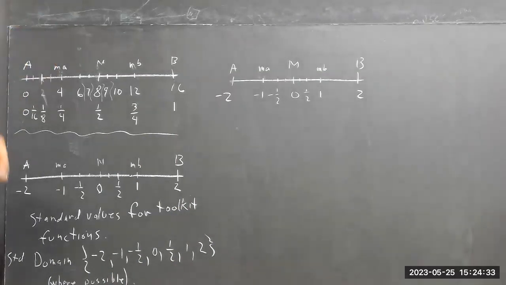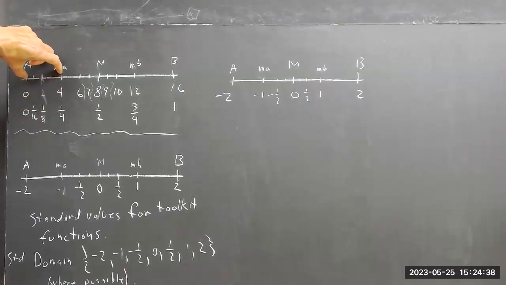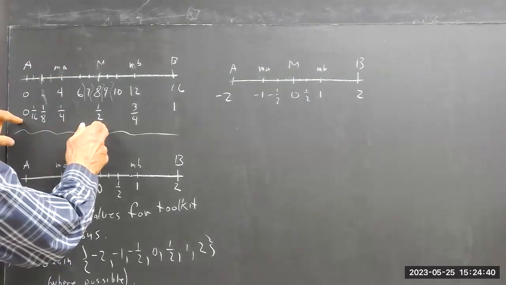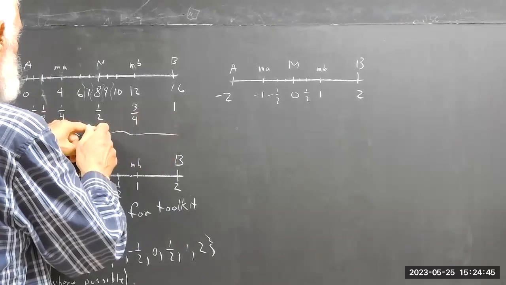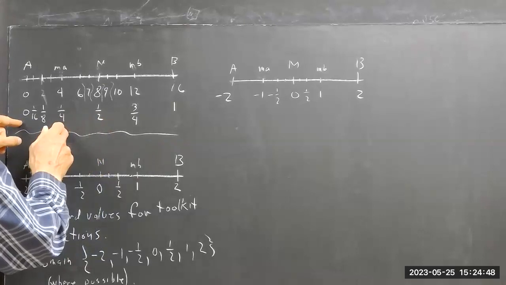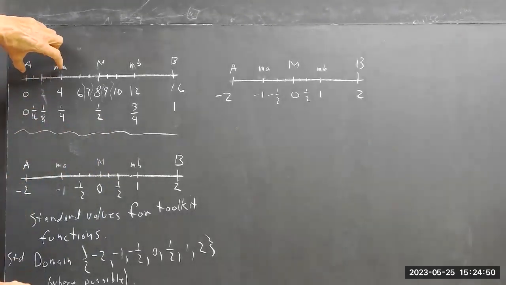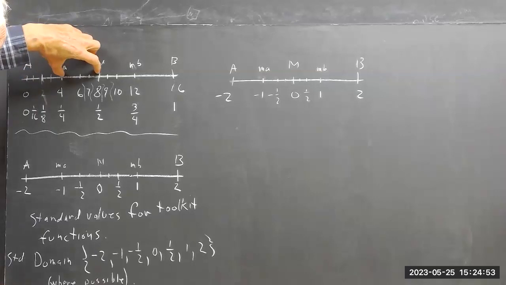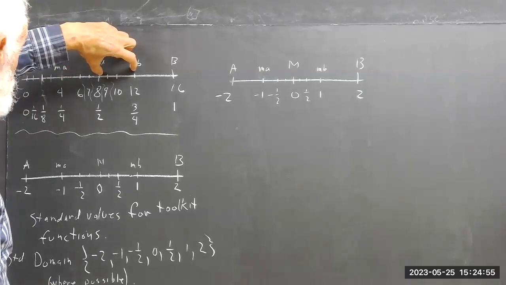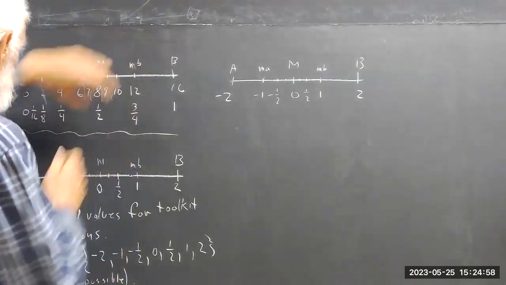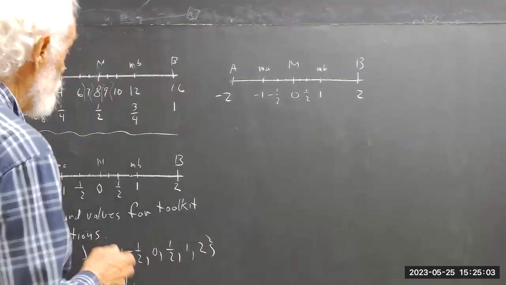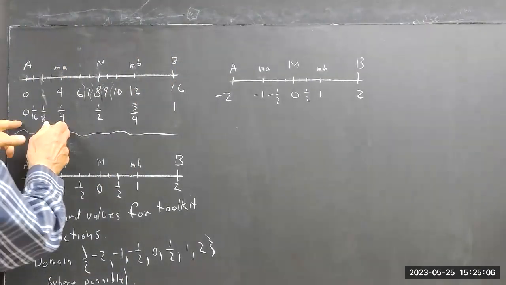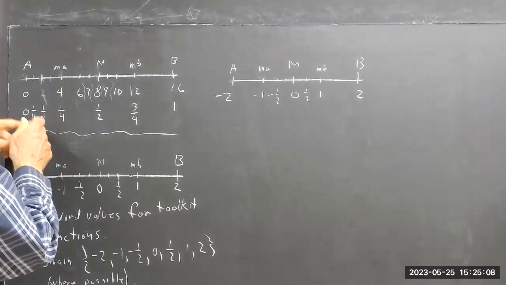Just looking at this first interval, we would have 0 here, 1/4 here, because halfway between 0 and 1 is 1/2, and halfway between 0 and 1/2 is 1/4. So this interval is 1/4, this interval is 1/4, and this interval is also 1/4, which means that this has to be 3/4. It's 1, 2, 3 quarters, and of course 1 is 4/4. Halfway between 0 and 1/4 is 1/8, halfway between 0 and 1/8 is 1/16.